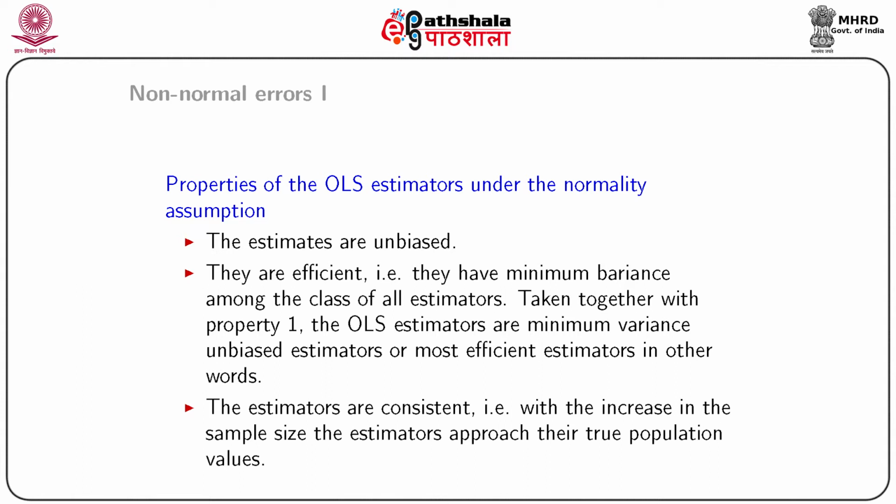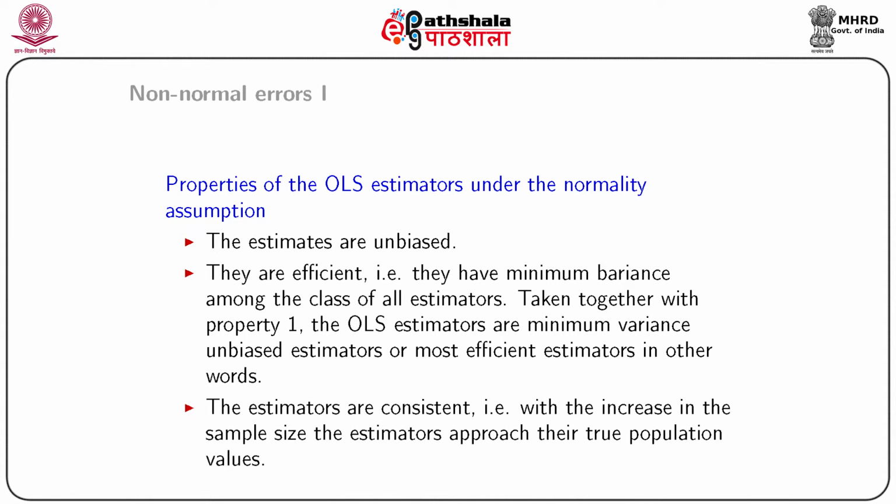Now, when we assume normality, there are certain properties that the ordinary least square estimates of the regression parameters satisfy. What are these properties? Let us look at these properties of the OLS estimators under the normality assumption in detail. First of all, the estimates for the parameters are unbiased under a normality assumption.